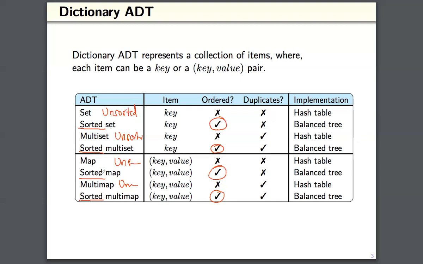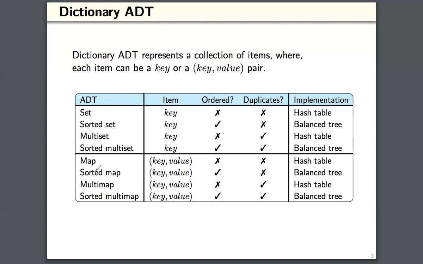If we don't use the keyword sorted, it means they are not ordered. That means if you have an application where sorting is necessary, then set, multi-set, map, and multi-map are bad choices. You want to go for sorted sets, sorted multi-sets, sorted maps, or sorted multi-maps. Got it? That's the meaning of sorted, because in different applications sorting might or might not be required.